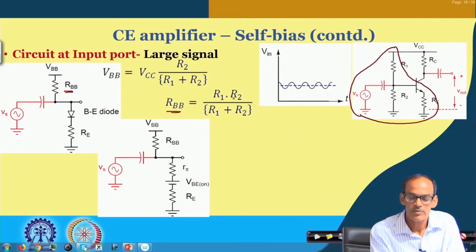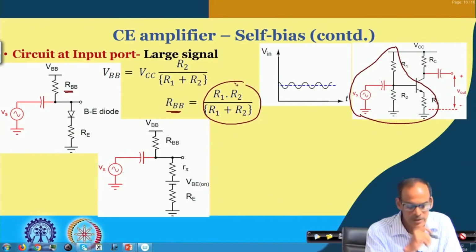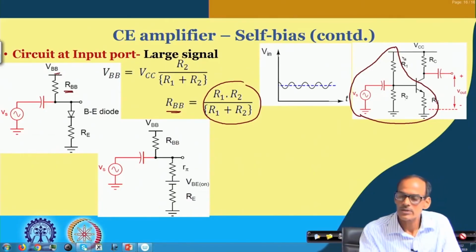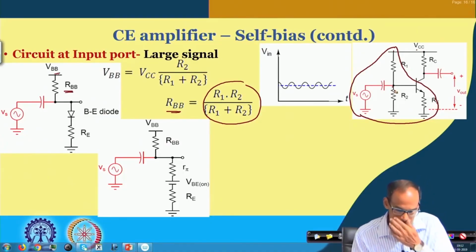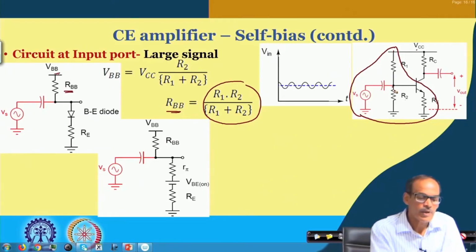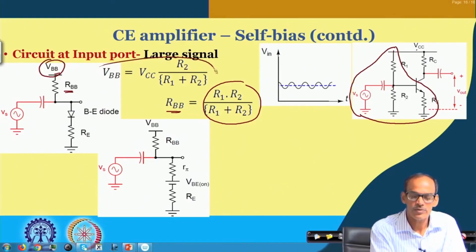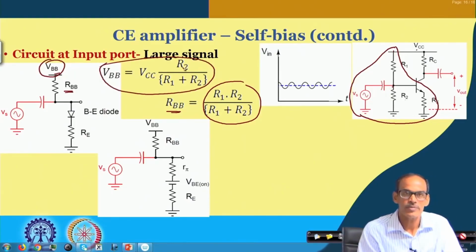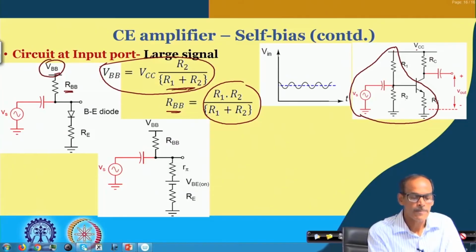So, RBB is the parallel connection of R1 and R2, and VBB is the Thevenin equivalent voltage coming from VCC and R1 and R2 together. VBB has the expression we discussed earlier: VCC multiplied by R2 divided by R1 plus R2.